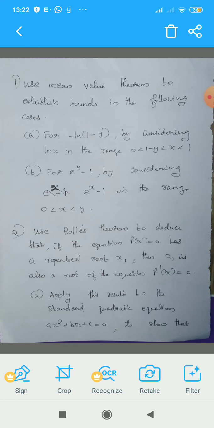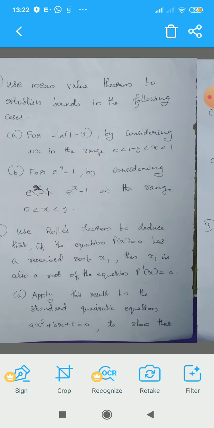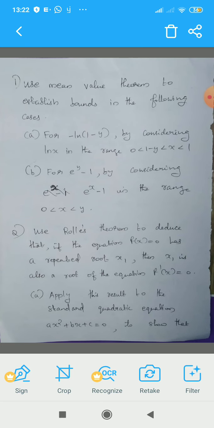In order to establish this bound, we have to use which theorem? Mean value theorem. In order to solve this problem, they give us a hint. To establish the bound of the function minus log 1 minus y, we can consider the function log x, and the range is given by 0 less than 1 minus y less than x less than 1.